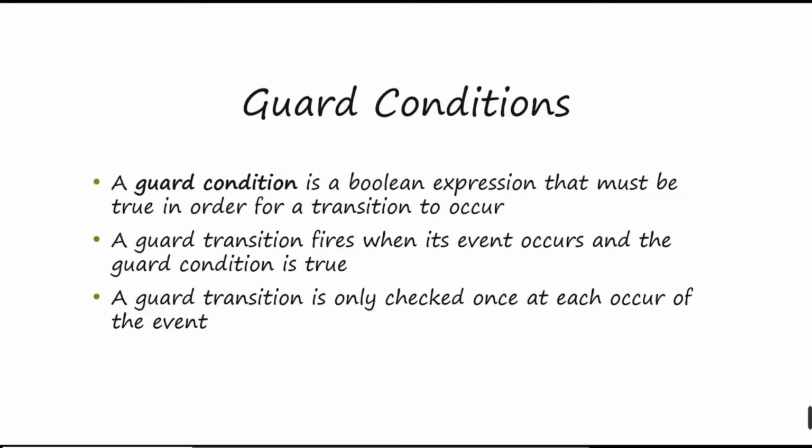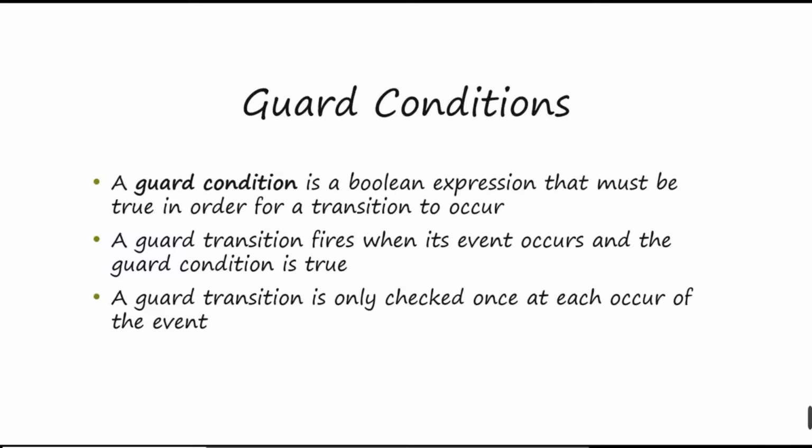And a guard condition is only checked once at each occurrence of the event. It means that the guard condition is placed following the event, but it will not be checked continuously. It is only checked once at each occurrence of the event.